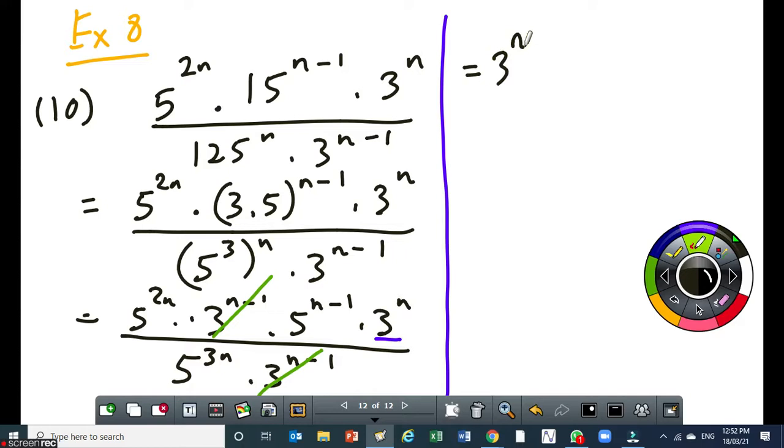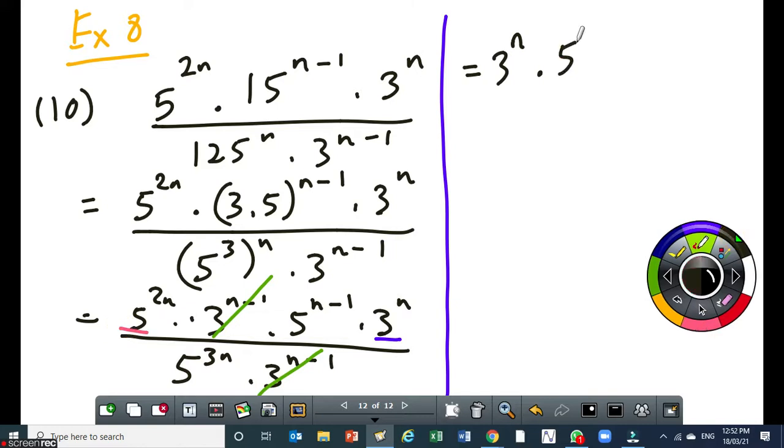Okay? So I'm now left with the base of 5. So that will be times. Now if you look at the base of 5, we have this 5 to the power of 2n. So I'm going to start with that. So that will be 5 to the power of 2n. Then I've got this 5 to the power of n minus 1. I'm going to use law 1 of exponents.